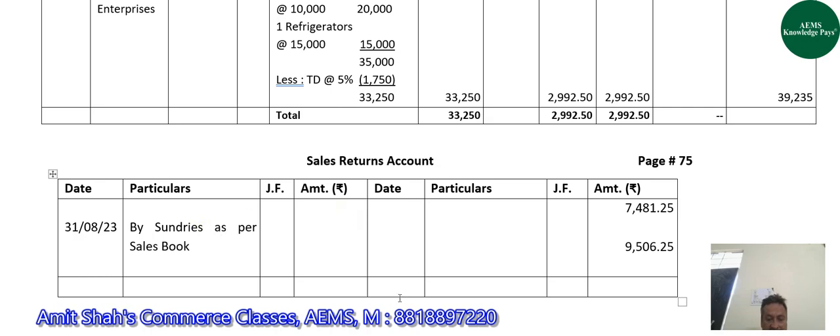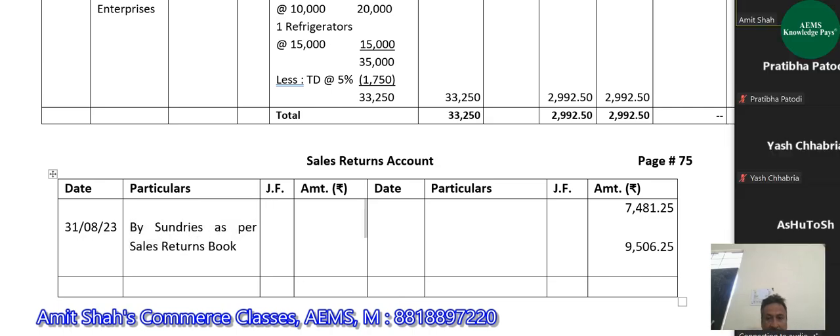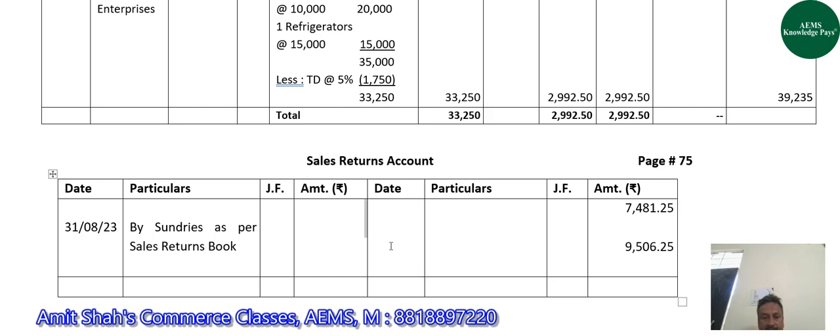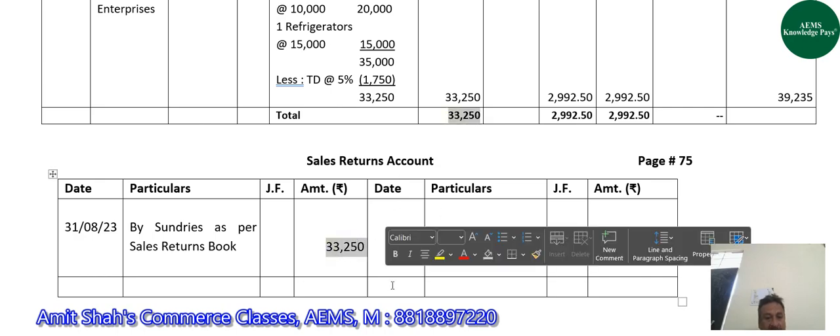So by sundries as per sales returns book, what was the amount of sales returns, guys? 33,250. That is this one. So this amount has been transferred to the sales return account.